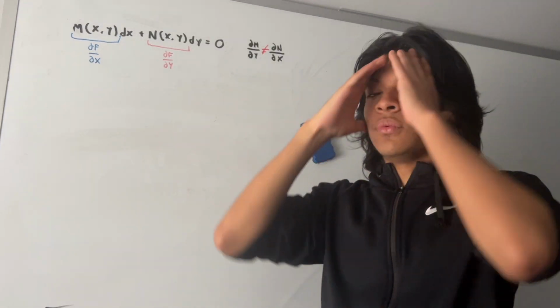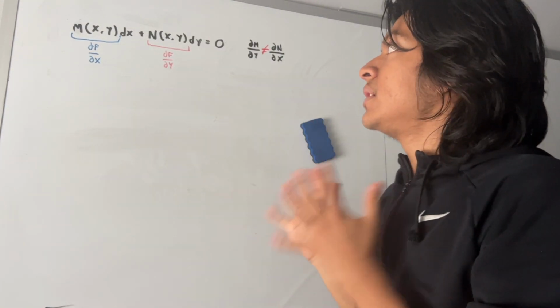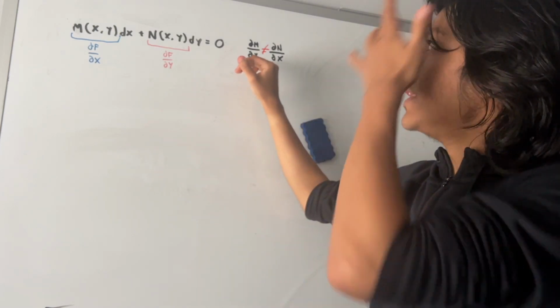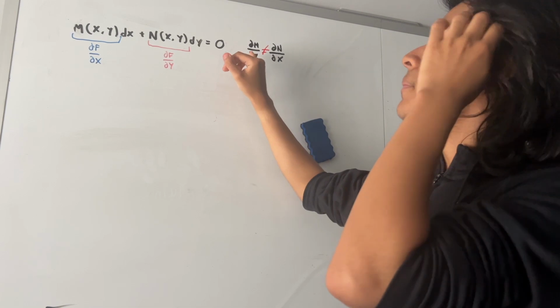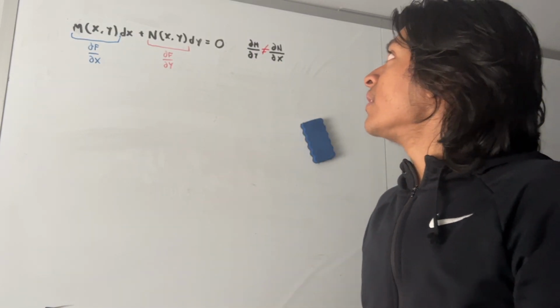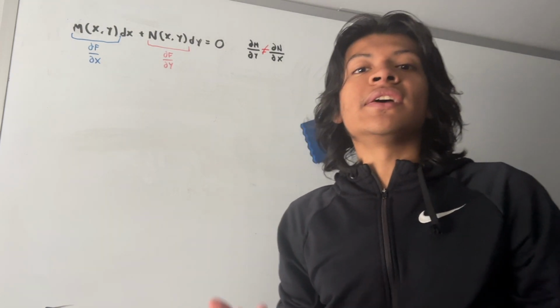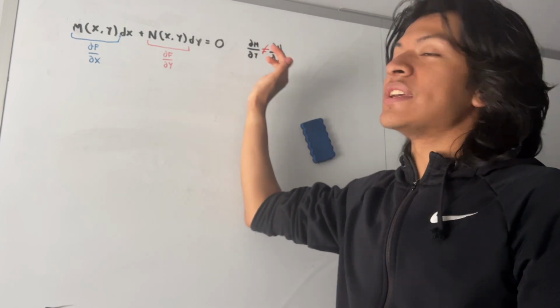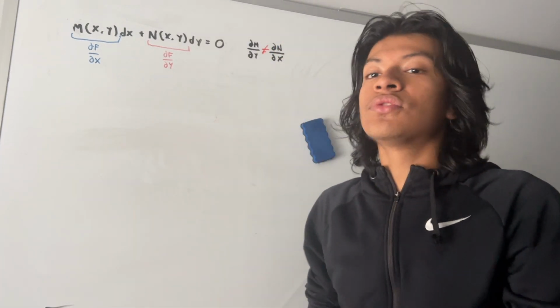Normally, the way we go about equations in this form is when they're exact, meaning that the partial of M with respect to y has to be equal to the partial of N with respect to x, meaning that they're essentially the same function. So that means this would bring up an exact solution.